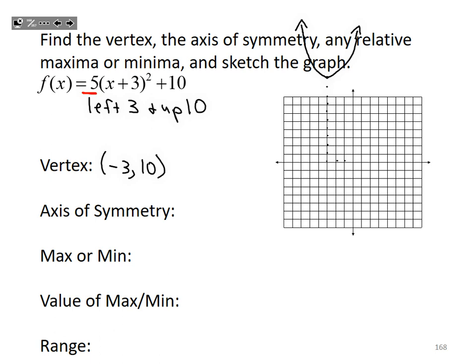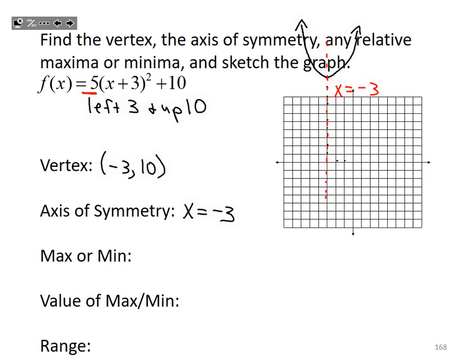Because now I know that there's this imaginary line running right through that vertex, which is at x equal to -3. So I immediately know that my axis of symmetry is at x equal to -3. And then by looking at that graph, I notice that that graph opens up.